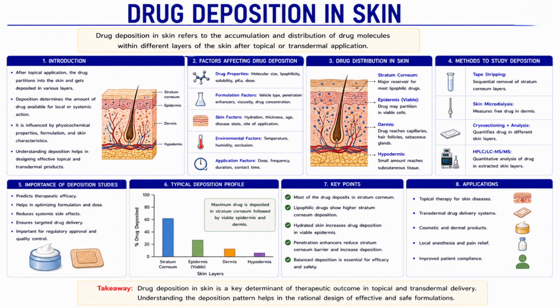Drug deposition in skin. Not every transdermal formulation needs to deliver the drug completely into the systemic circulation. For dermatological therapy, the objective may be to increase the drug concentration within the skin itself. Therefore, skin deposition studies are highly relevant here.